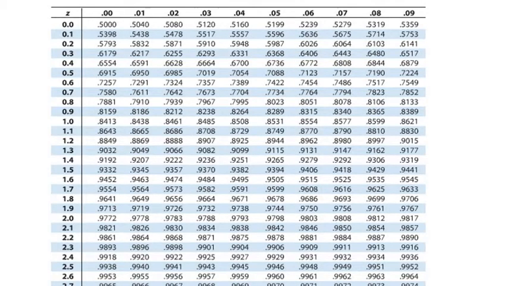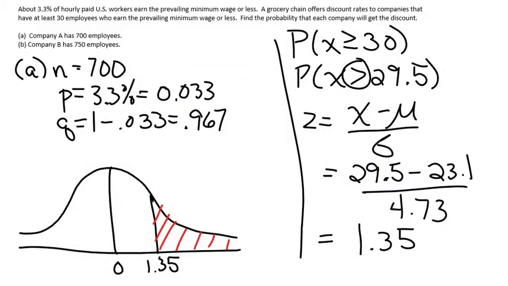Here's my chart for the normal curve. I'm looking for the number 1.35. So I first locate the 1.3 and then the 0.05. And where these two intersect is 0.9115. So going back to my curve, that means that the area here is 0.9115.